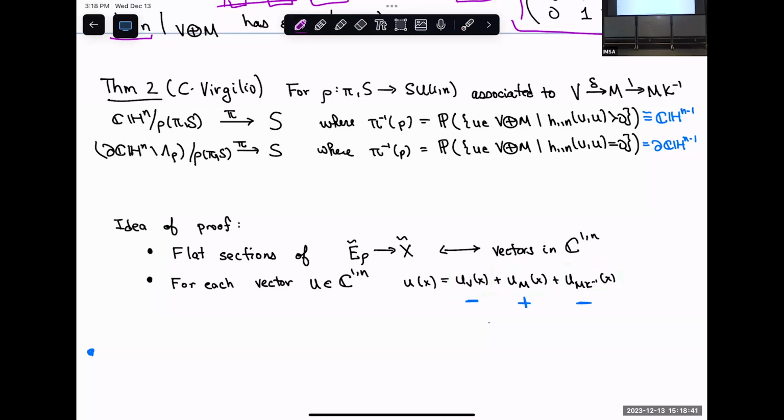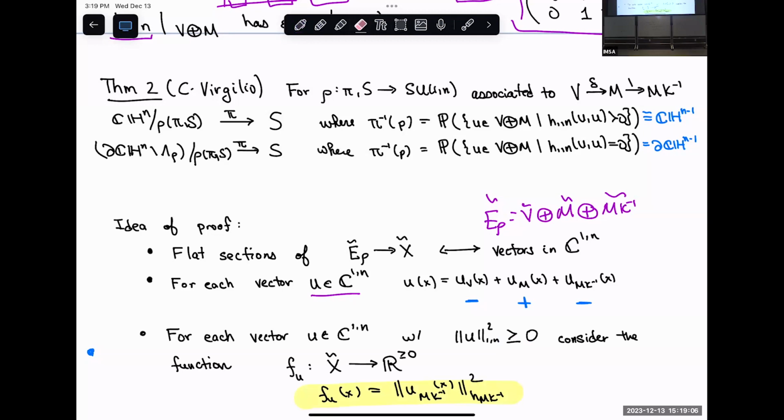So remember, my bundle is equal to V plus M plus M inverse, and I can project onto each piece. So the data of a vector gives me a flat section, and I can project that onto each of the pieces.